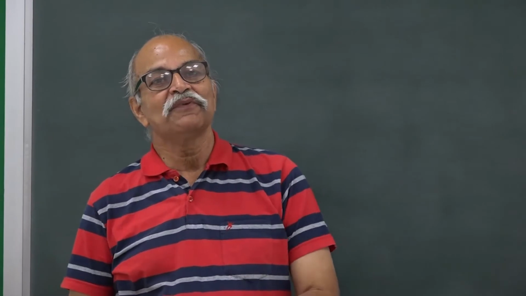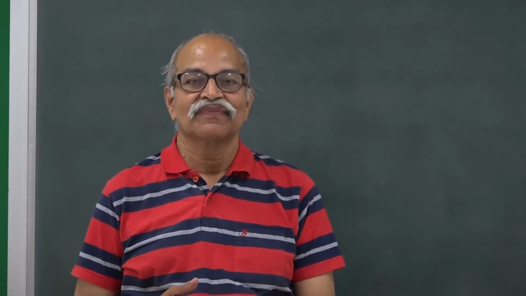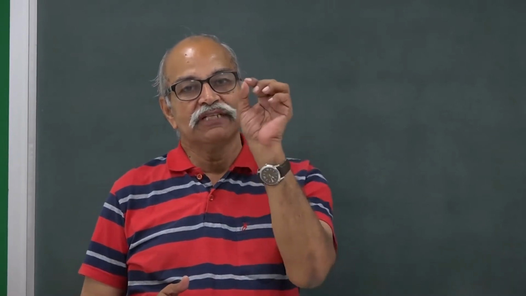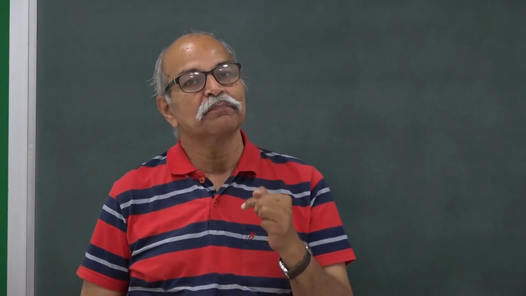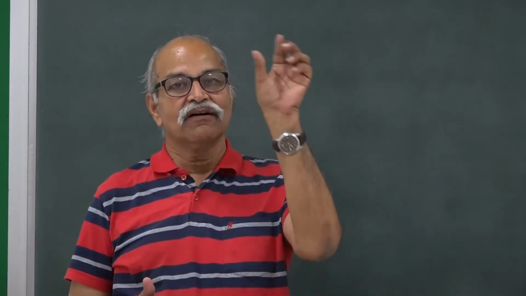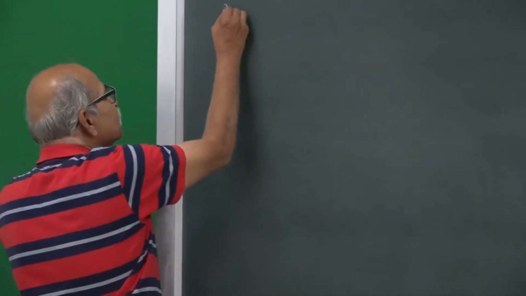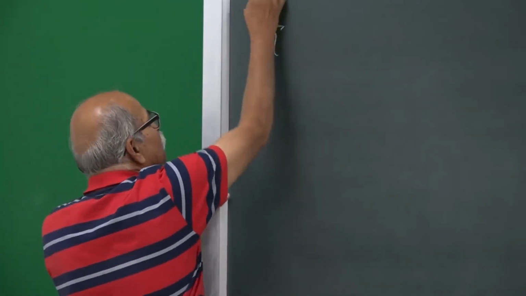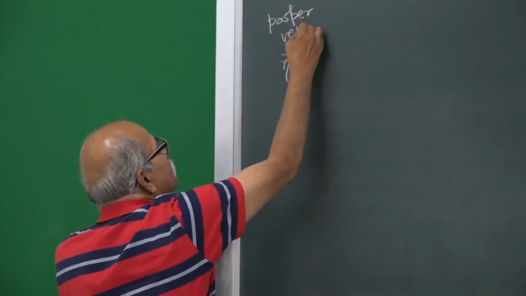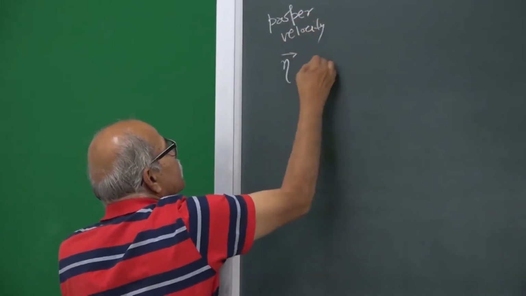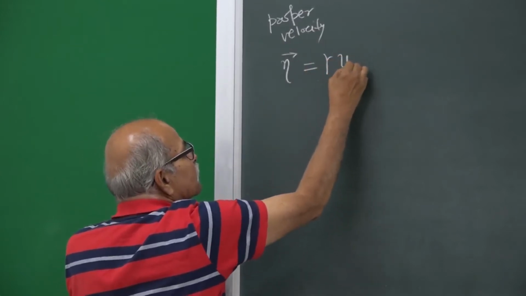So, last time we talked about 4 velocity and 4 momentum. 4 velocity we defined in terms of 3 components of what we called proper velocity, eta symbol we used, and we defined it like eta, which is called proper velocity, as gamma times the ordinary velocity.